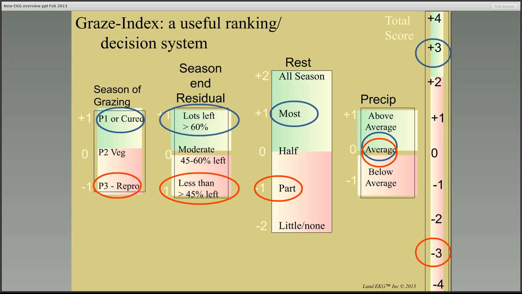And so not only does it give you a way to score this, but it's also a decision support system, in the fact that if you want to increase your rest score, you can see right here that we've got to increase rest.